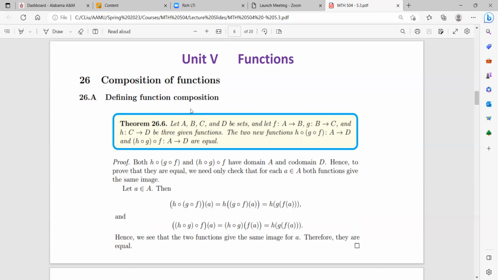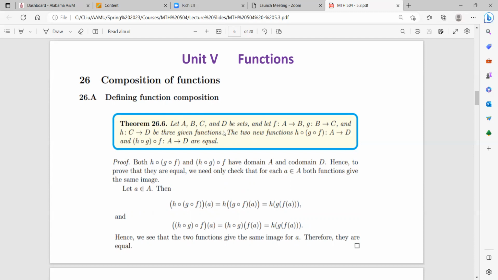Composition of functions is associative, and that's why we can define the operation of a group to be composition of functions, like permutations.